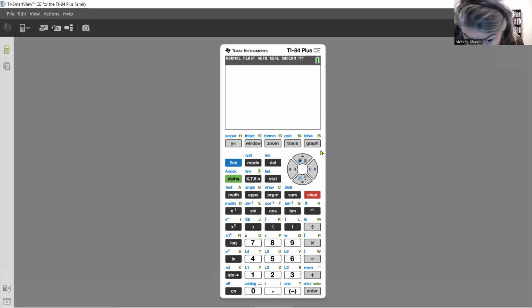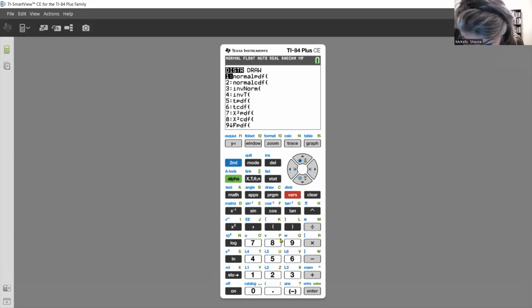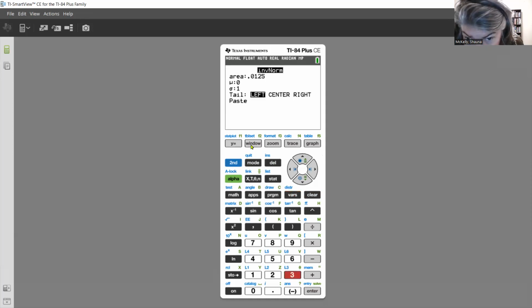There we go. And as is normal, we're going to second distribution. And it's going to be inverse norm this time, number 3. Now, something different about the CE is that it'll give you left, center, and right. If you're on the 83, 84, you don't have this tailpiece.